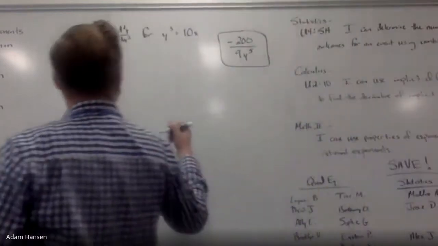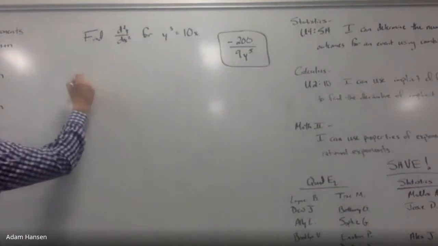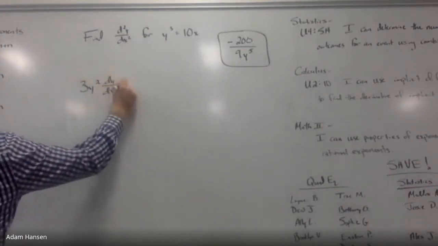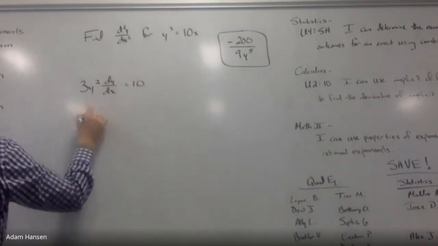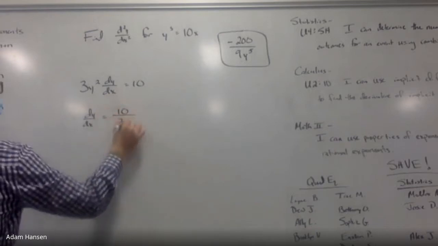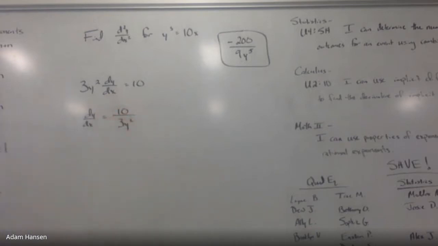Let's see here. Let's do some first derivatives. So 3y squared dy dx equals 10. So dy dx equals 10 over 3y squared. You guys all use quotient rule. I'm going to try something different because I don't like quotient rule so much.